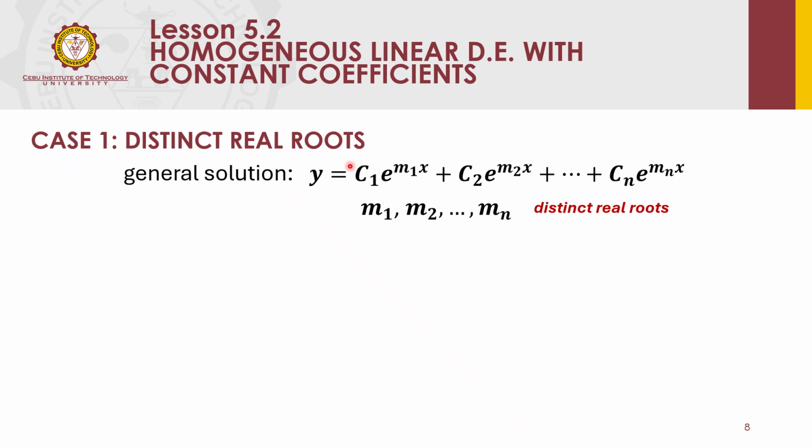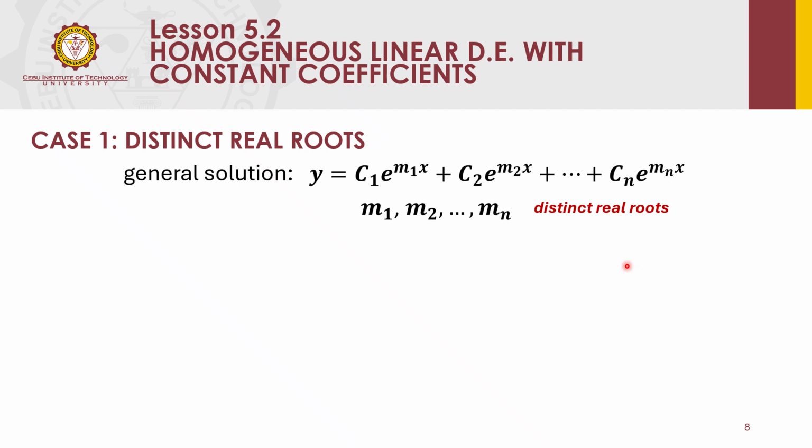So we multiply an arbitrary constant to e to the power of m sub 1 times x, and then a second arbitrary constant to e to the power of m sub 2 times x, and the last one, if there are n distinct real roots, is the last arbitrary constant times e to the power of m sub n times x.